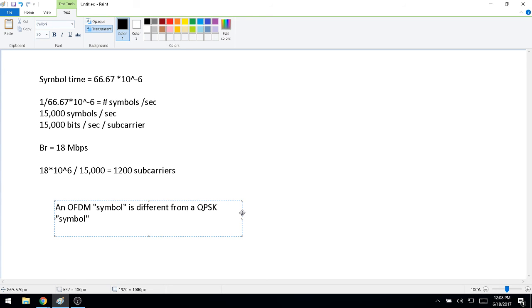Normally, what we're used to a symbol being usually equals a representation of multiple bits being transmitted at once.